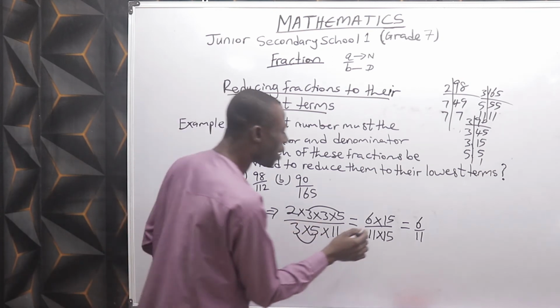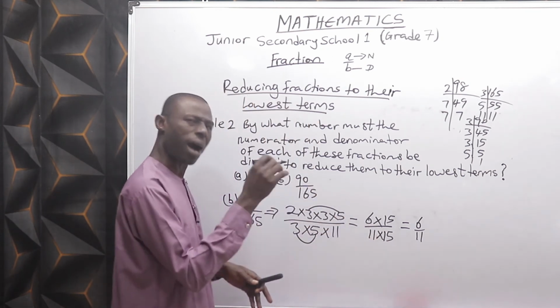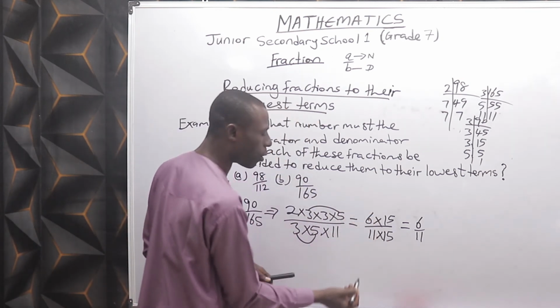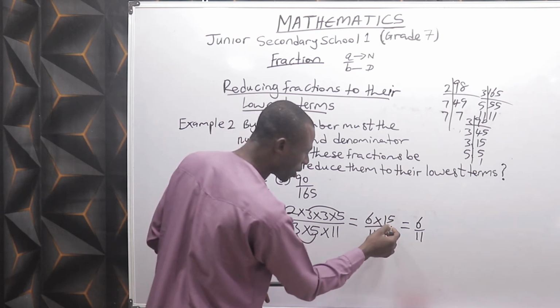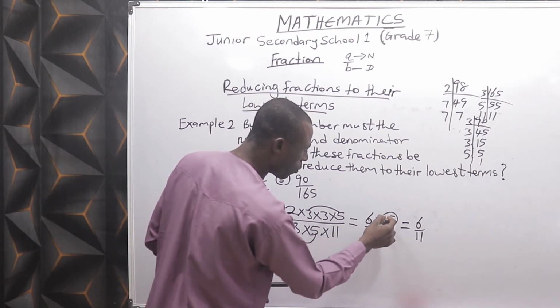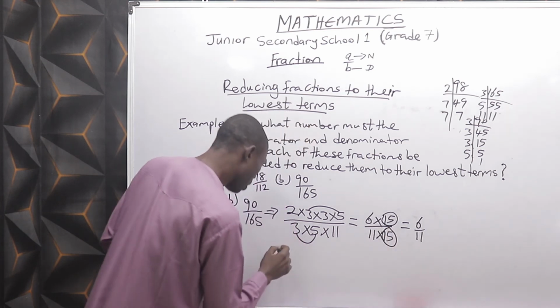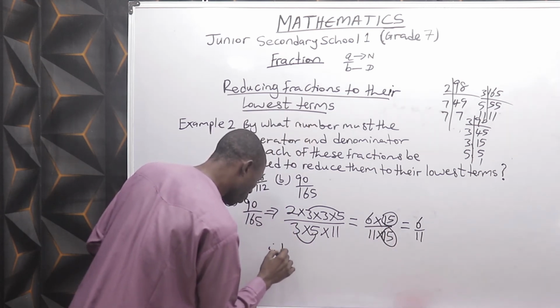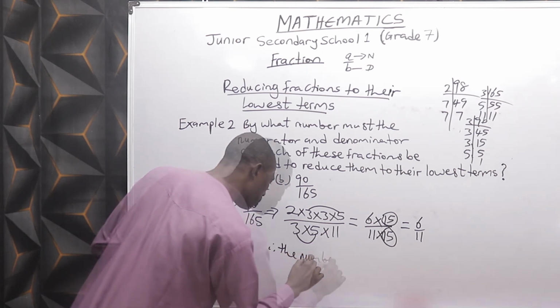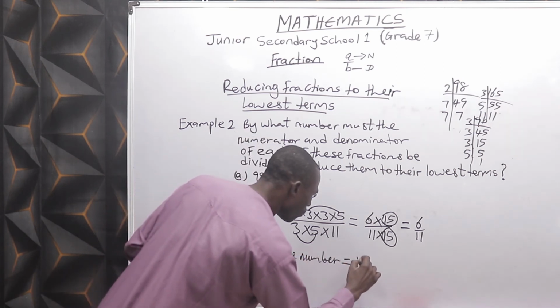So what is the number that we must divide the numerator and also the denominator? It is this 15 that is common to both the numerator and the denominator. The answer is, therefore, the number is equal to 15.